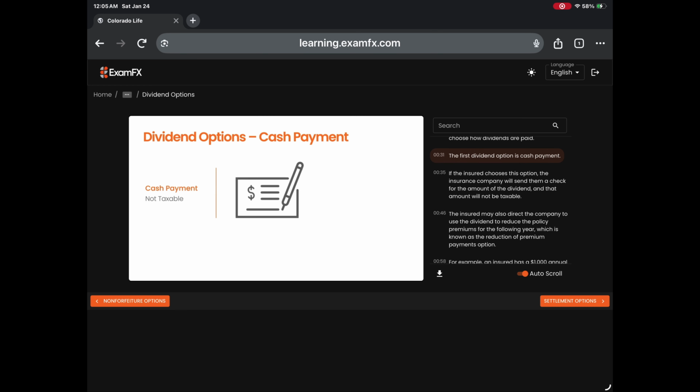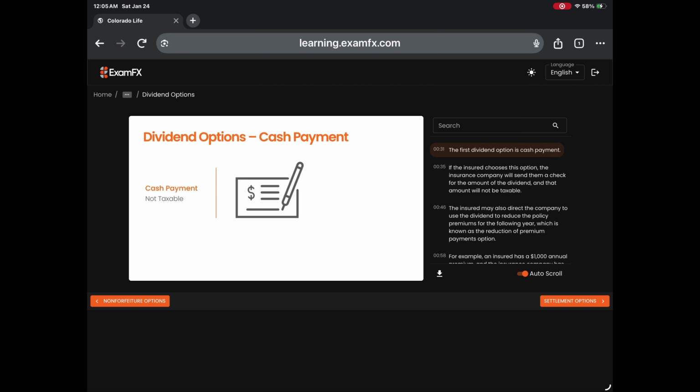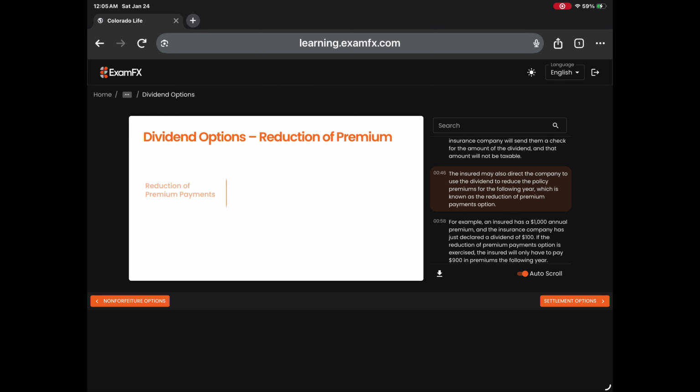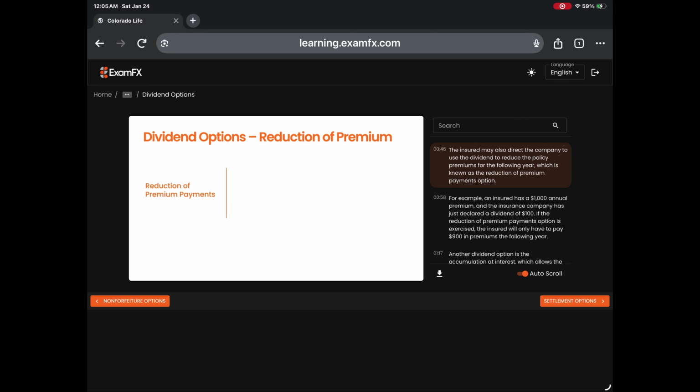The first dividend option is cash payment. If the insured chooses this option, the insurance company will send them a check for the amount of the dividend, and that amount will not be taxable. The insured may also direct the company to use the dividend to reduce the policy premiums for the following year, which is known as the reduction of premium payments option.